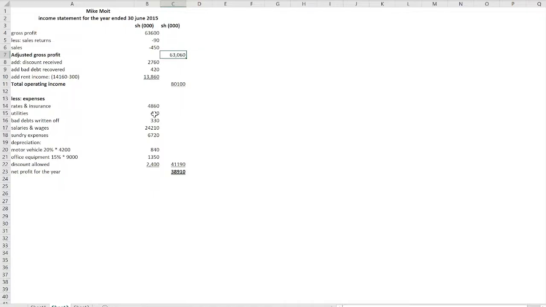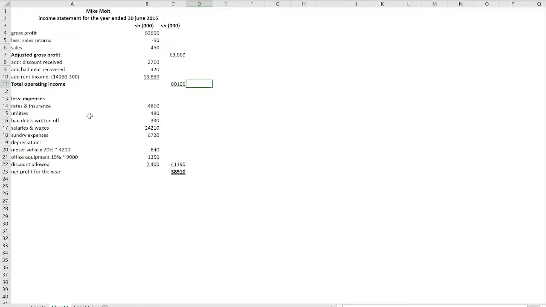So we also add that. Then you also have to add the rent income. From rent income, we had been given 14,160. Then the 300 was used for personal use by the owner. So the 300 shall be withdrawn, so that you get 13,860. So that our total operating income is 80,100.